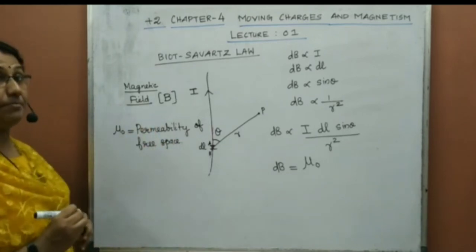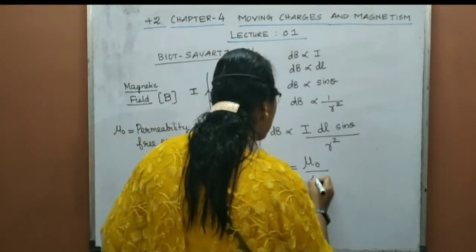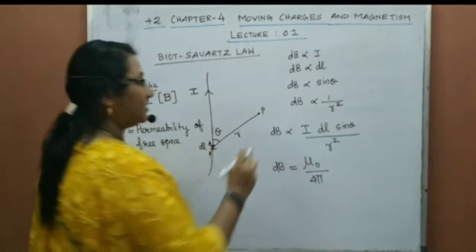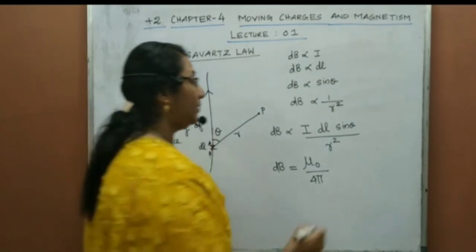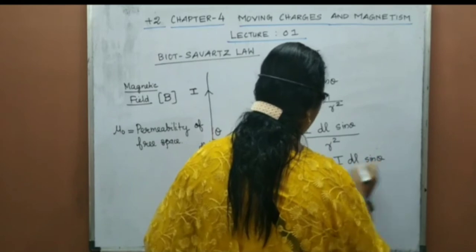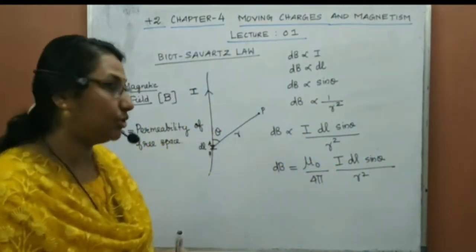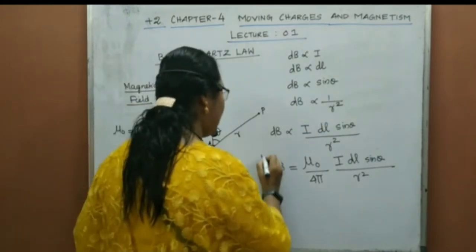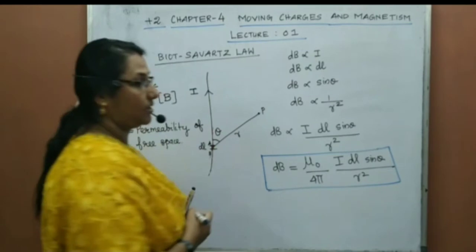Mu 0 by 4 pi is the constant in the Biot-Savart law. Mu 0 by 4 pi I dl sine theta by r square. Okay, so dB is equal to mu 0 by 4 pi I dl sine theta by r square.